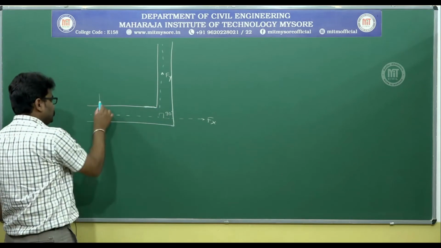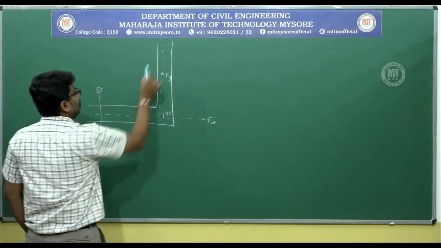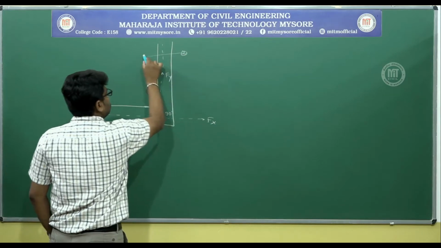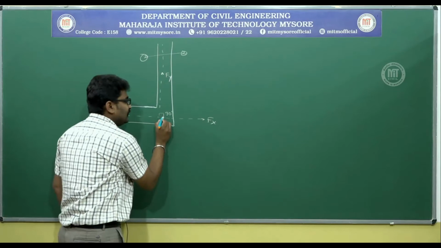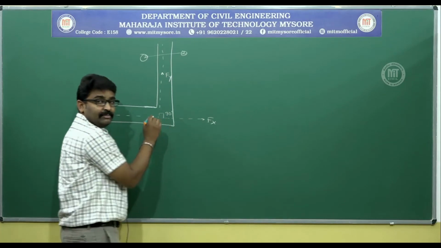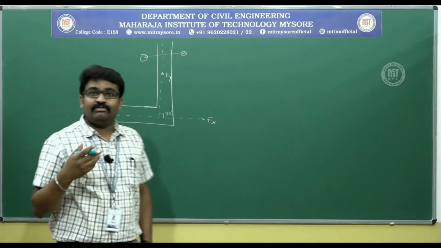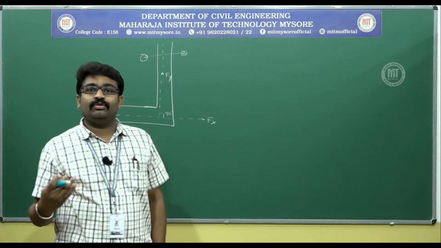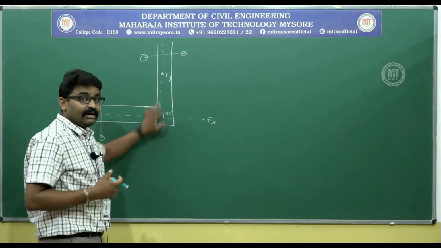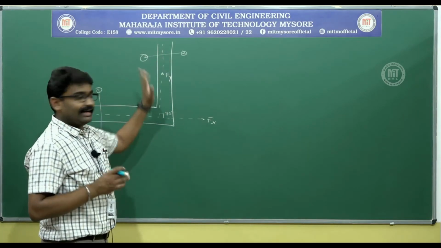So this becomes section 1 and this section 2. Please remember, though I show section 2 here, that section 2 lies here only. That is a very important point, because whenever we apply Bernoulli's equation, if at all there is a need, then we will have to know that section 2 is here but represented here for clarity.